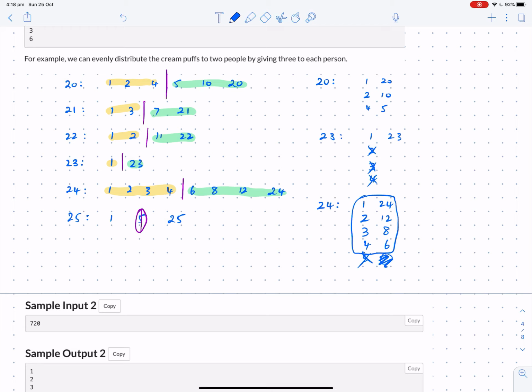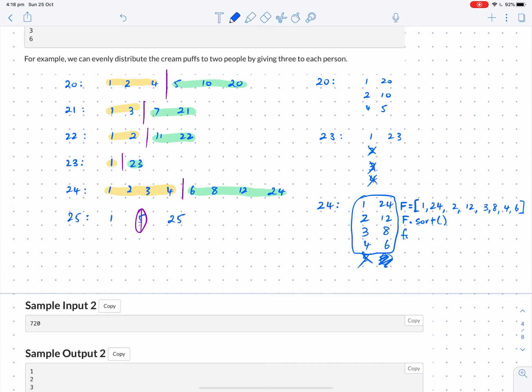Now, in a program, what do we do? Because we need to print them out in order. Here's what we do. We start a list of factors, and as we go through, we just keep adding to the list. Okay, and that's our final list. But we need to print them out in order. So if I call it capital F for factors, all I need to do is do F.sort, right?